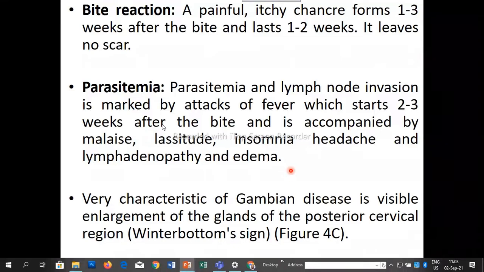Very characteristic of Gambian disease is a very visible enlargement of the glands of the posterior cervical region. We call it Winterbottom's sign.